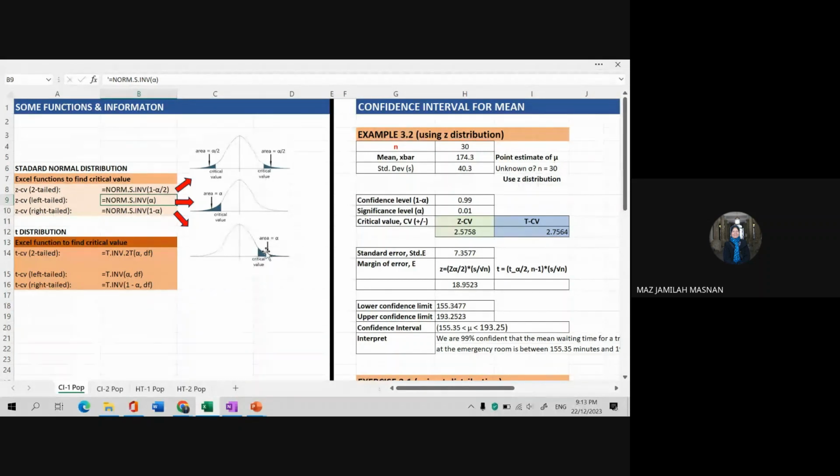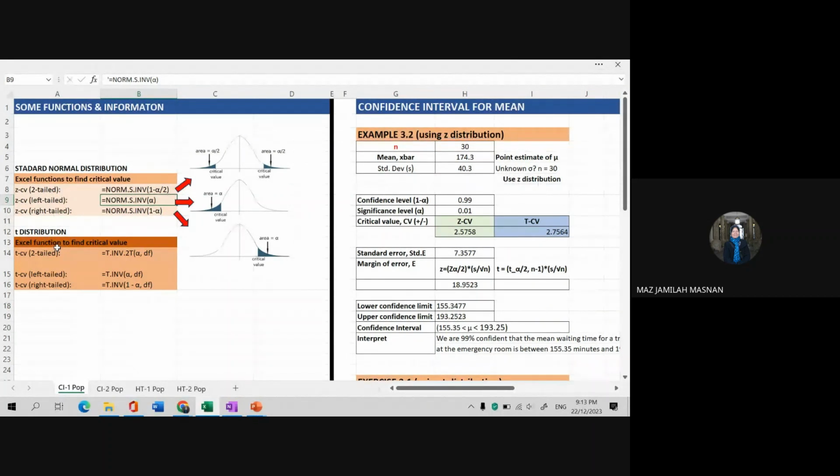And when you are talking about critical value, it is based on the alpha value given to you. If you are talking about right tail or left tail, you use the alpha only. If you are talking about a two tail test, then the alpha should be divided by 2 and it will reflect two-sided.